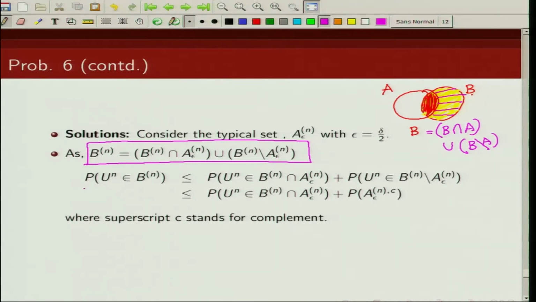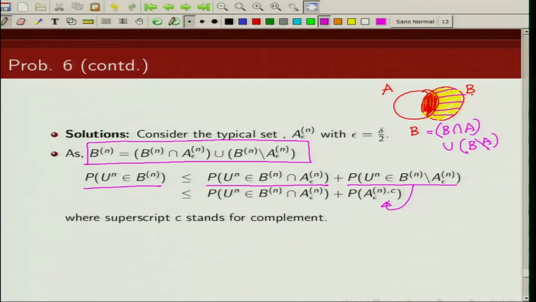So the probability that u^n belongs to B^n can then be written as the probability that u^n belongs to the intersection of B^n and this typical set, plus the probability that u^n belongs to B^n minus this typical set. So this is nothing but the complement of the typical set.